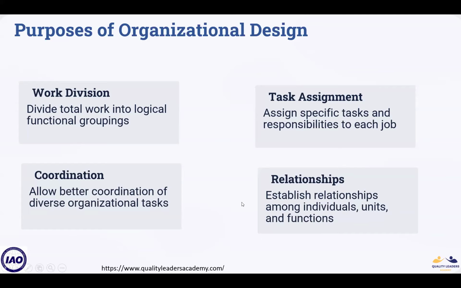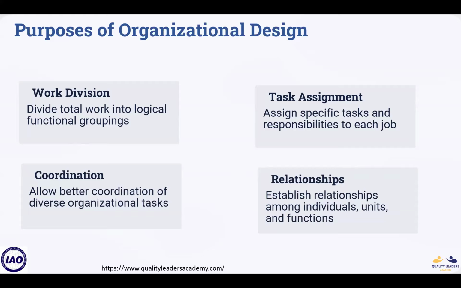And the last is relationships. Here, establishing relationships among all these individuals, units, and functions. Defining authority and communication lines is also one of the purposes of organizational design. Like, what's the relationship? A staff nurse reports to the nursing supervisor. She herself reports to the nursing superintendent. In such a way, it's a sort of vertical reporting relationship.